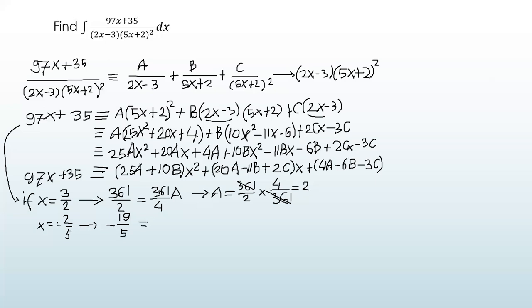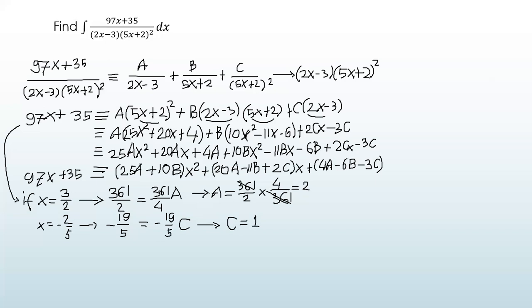Now if x equals negative 2 fifths, this term is 0 and this one is 0 as well. So we just calculate c times negative 2 over 5 minus 3. So it's going to be negative 19 fifths as well. So it means c equals 1.